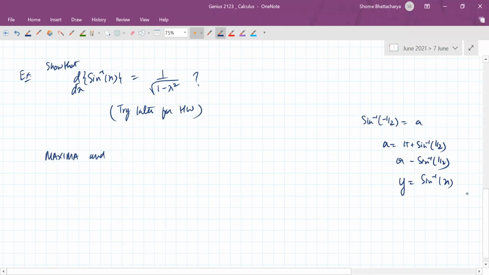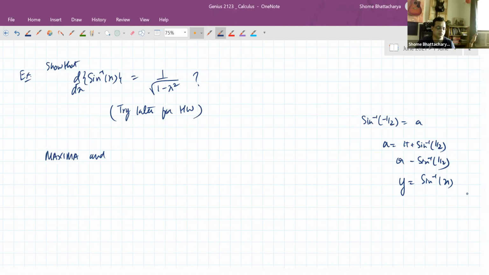You understanding? So for example here, if I take x greater than or equal to 0, less than or equal to 1 as the domain, then the range of the function is between 0 and 90 degrees, or between 0 and pi by 2.